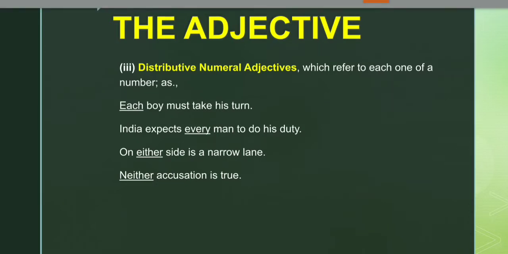The distributive numeral adjectives have already been underlined, so there is no tension. We have only four distributive numeral adjectives, and they only refer to each one of a number.